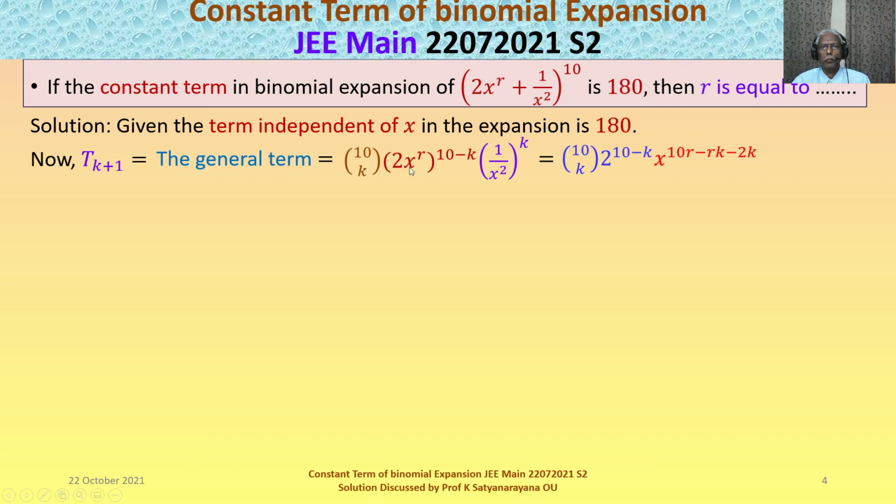So it will be x to the power of 10r - rk - 2k.